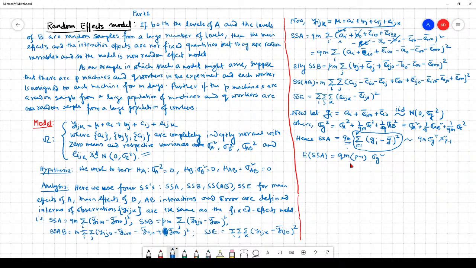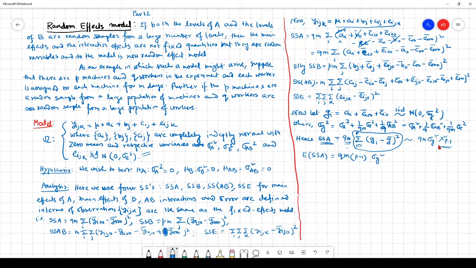So we look at this, this is also, when the levels of A is a fixed effect model, then SSA follows a non-central chi-square distribution. But here for the random effect model, SSA follows some constant times a central chi-square distribution.